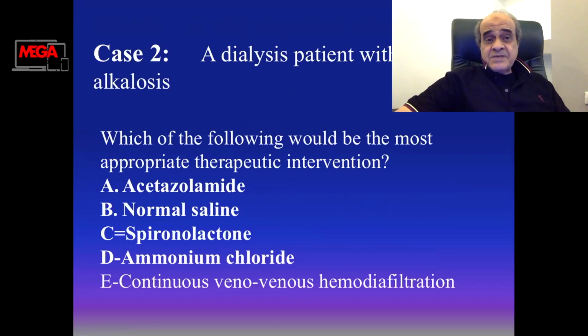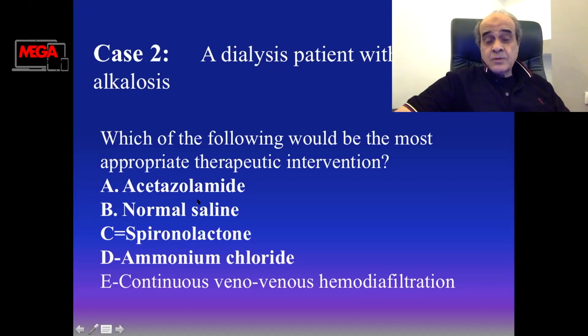A dialysis patient with metabolic alkalosis, which of the following would be the most appropriate therapeutic intervention? Acetazolamide, normal saline, spironolactone, ammonium chloride, or continuous venovenous hemofiltration. Really, all these items could be optimum for a patient, but the patient here has renal failure, and so I can't use acetazolamide or diuretics.